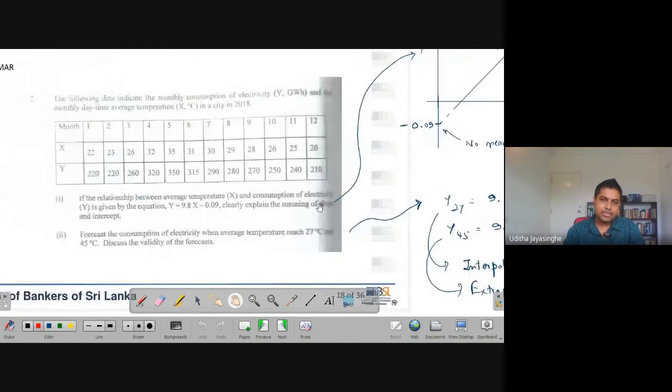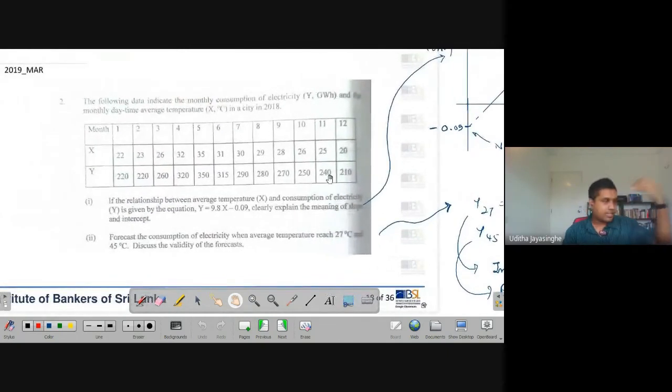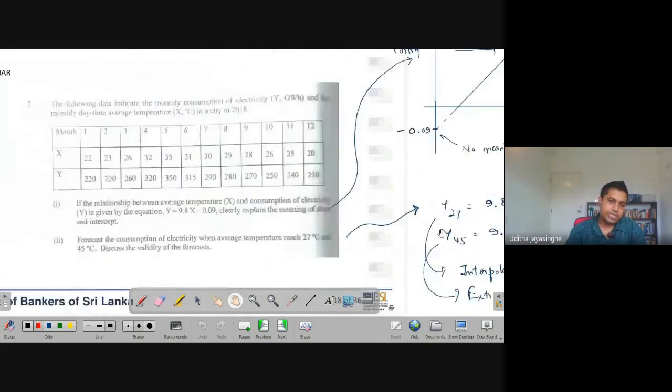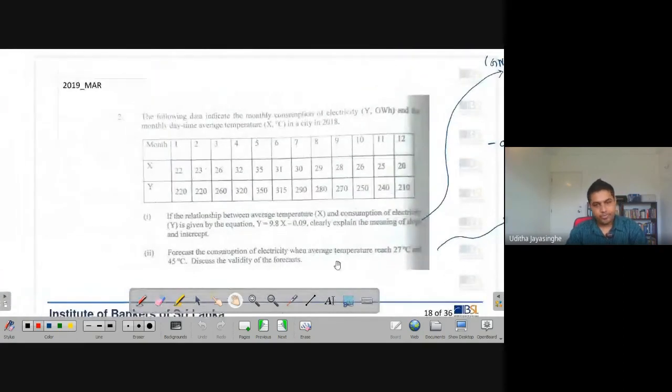We can have a doubt that at such high levels, or at such low levels depending on the range, this relationship is going to hold. So the computed value of 440 is a questionable computation.